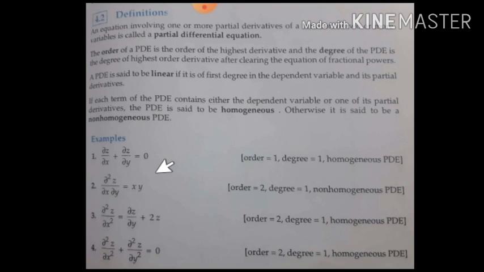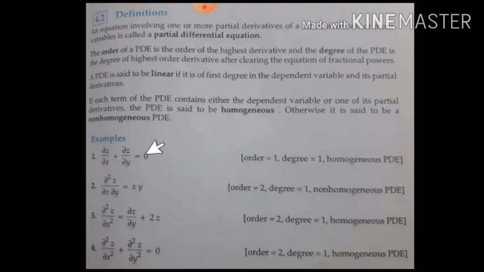in a partial differential equation, if a dependent variable contains a partial derivative with respect to only one independent variable, then such a differential equation is a homogeneous partial differential equation. If it contains partial derivatives with respect to both independent variables, then such a differential equation is called a non-homogeneous differential equation.